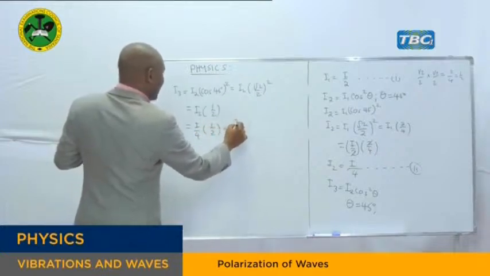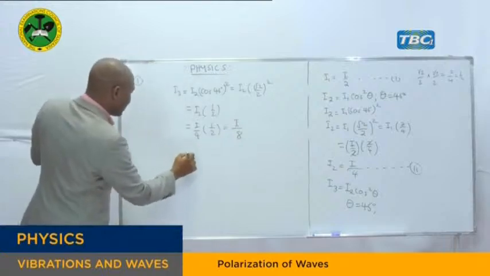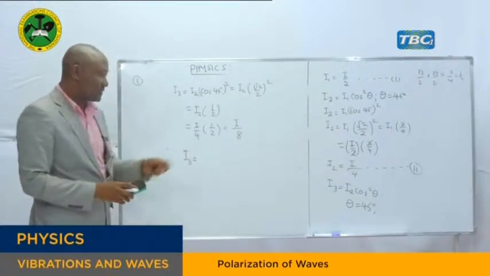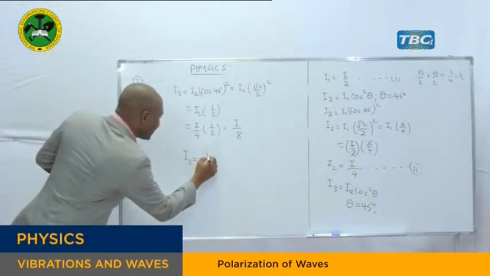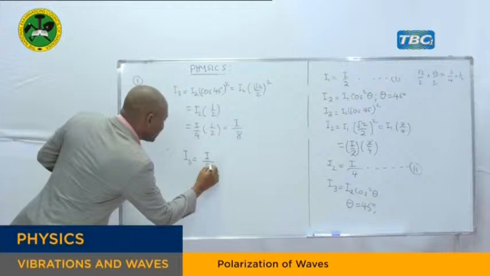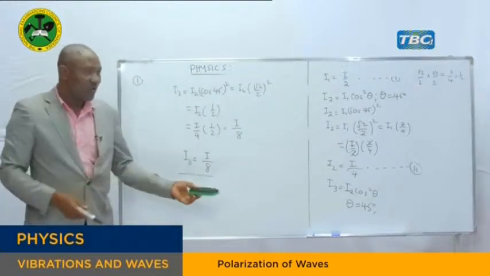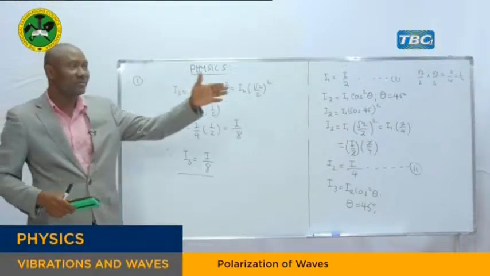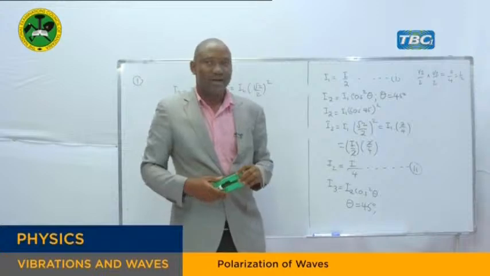This gives us I over 8. Very interesting. You can see that when the angle increases, the intensity of light changes. So the final intensity of the light transmitted after all this process will be I over 8. It was I, and after passing through several polarizers, the intensity changes to I over 8.